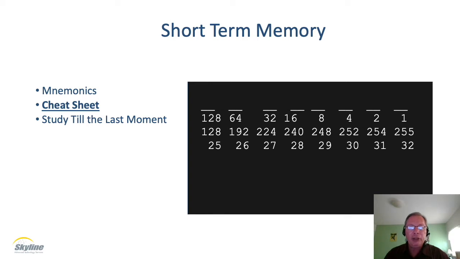Here's a favorite thing I do in a cheat sheet. If I'm going to do subnetting, when I walk in, before I start the test, I'm going to write this. Why? Because it's the values of a byte. The bit values in a byte are, as you see here, 128, 64, 32, 16, 8, 4, 2, 1. If I'm subnetting and I need some of these bits coming from the left, in the far right octet, I know my subnet mask is 255.255.255.something.